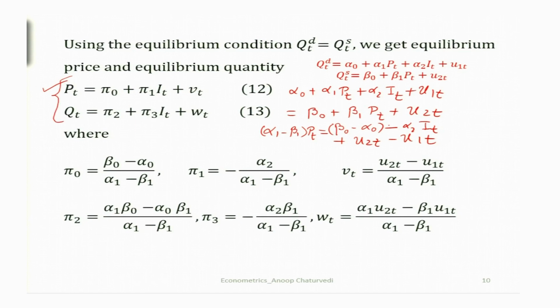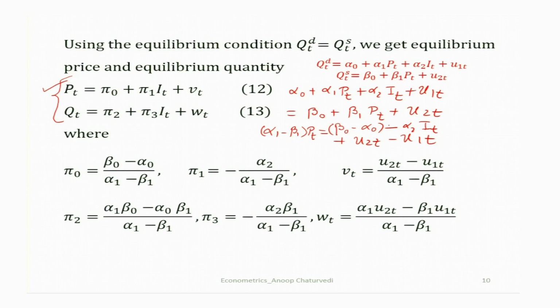Now, you can obtain estimates of pi naught and pi 1 or estimates of pi 2 and pi 3 by applying least square procedure to equation 12 or equation 13. So, ultimately you have 4 reduced form parameters, but in the structural form you have 5 parameters: alpha naught, alpha 1, alpha 2, beta naught, beta 1.